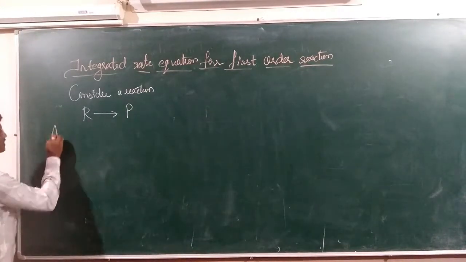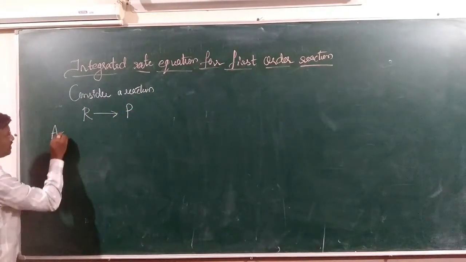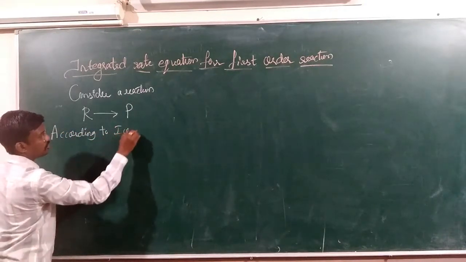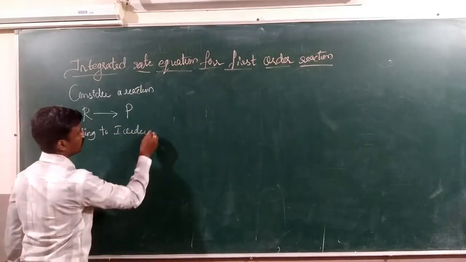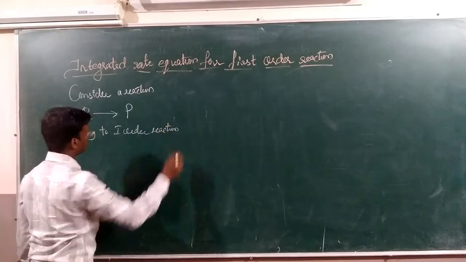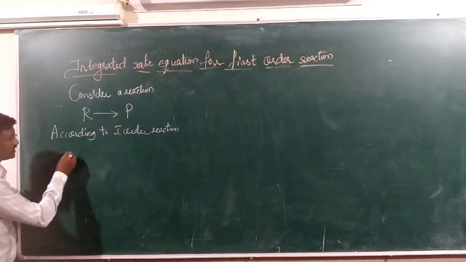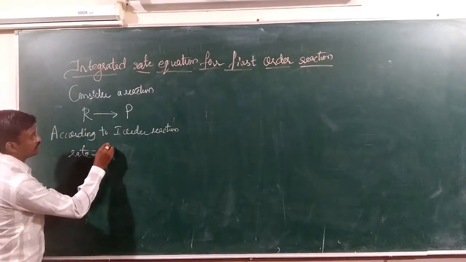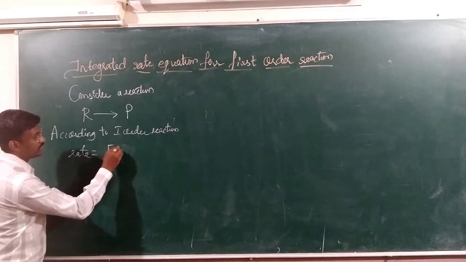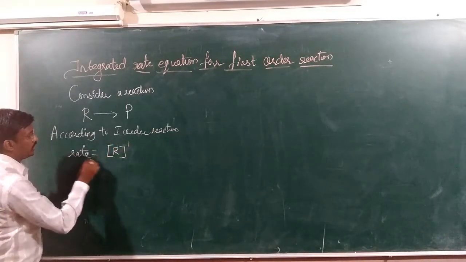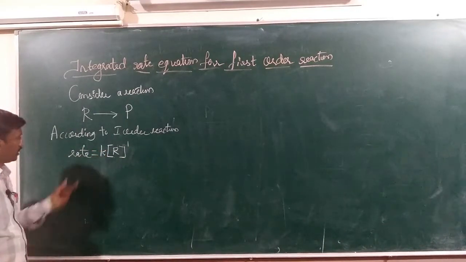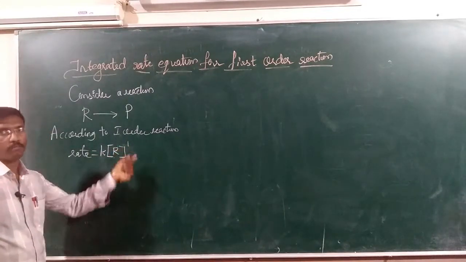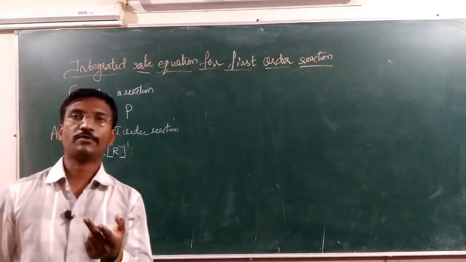If it is a first order reaction, then the rate of the reaction for this general reaction is: rate is equal to K, the rate constant, into the concentration of the reactant raised to the power 1. That power 1 indicates that the order of the reaction is 1.